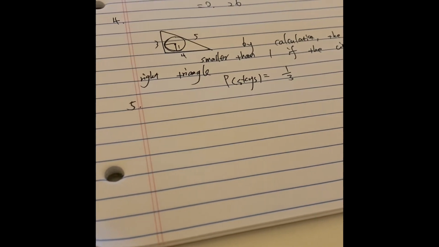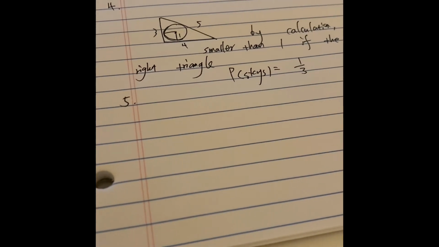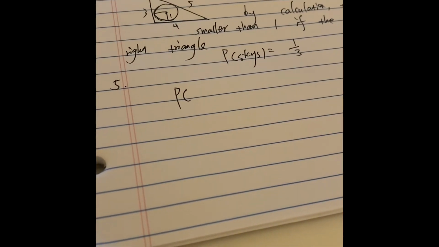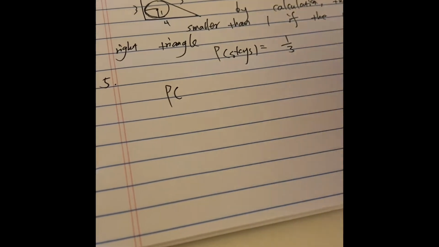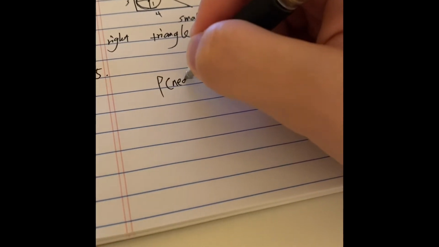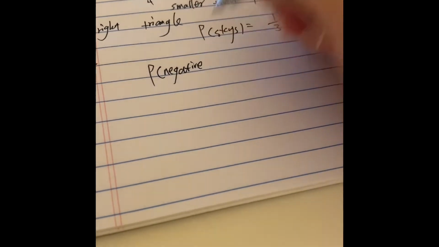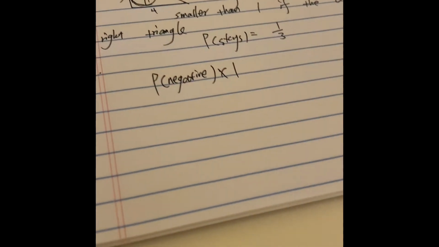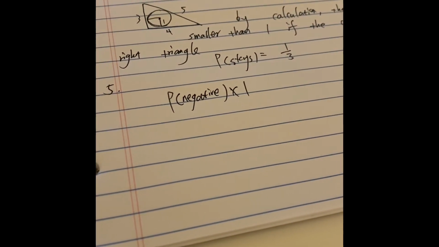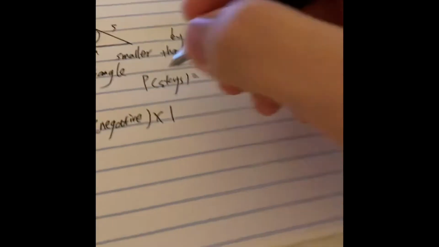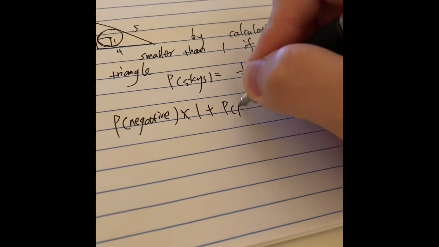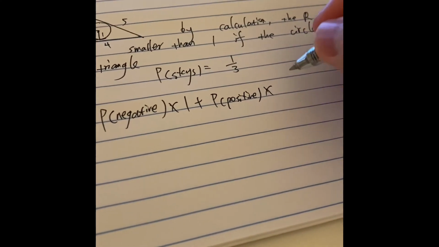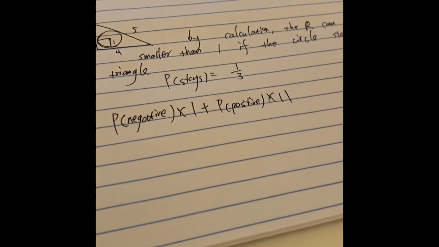has two parts. The first part is the probability of negative times 1, because if the 10 people are negative, we only need to test once, and if it's positive, we need to test 11 times.